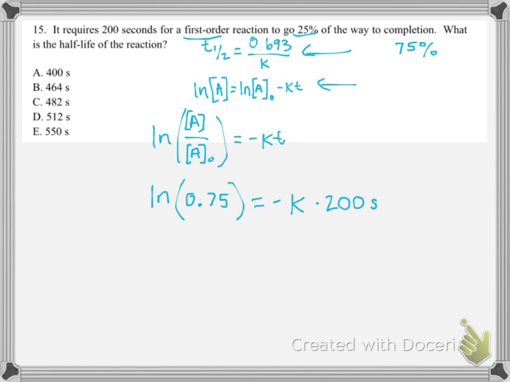Just dividing over, we find that k is equal to 0.0014 per second. And that will be our connection into the half-life equation. We can go ahead and say that t1/2 is equal to 0.693 divided by 0.0014 per second.